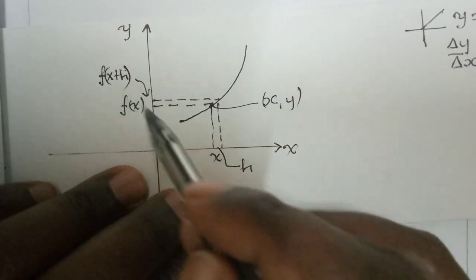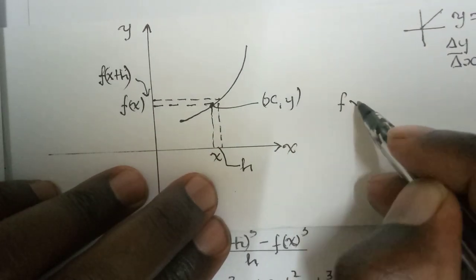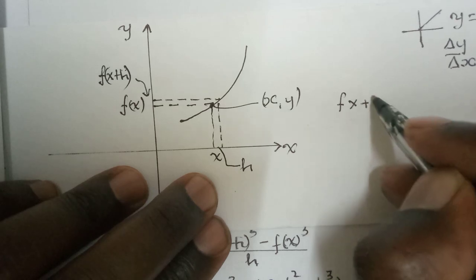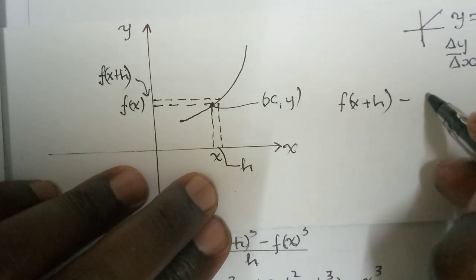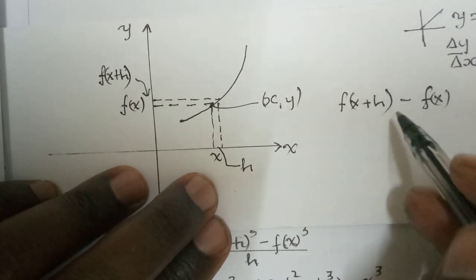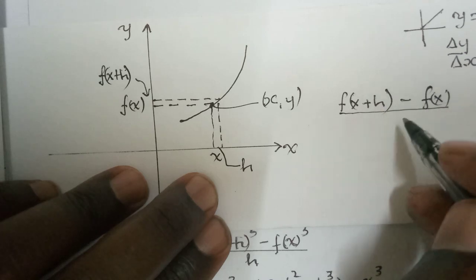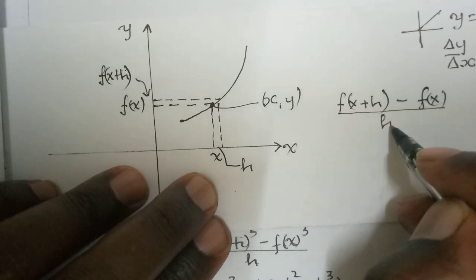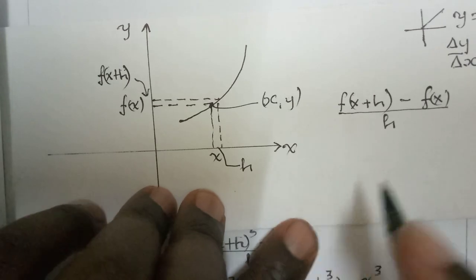First of all, the change in y will be f(x plus h) minus f(x). That is the change in y. And then here we have h.